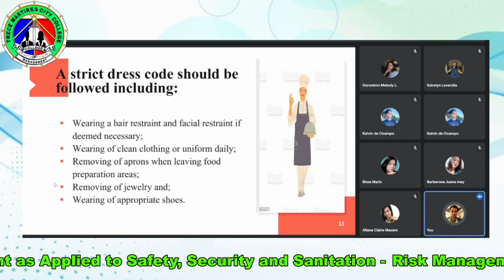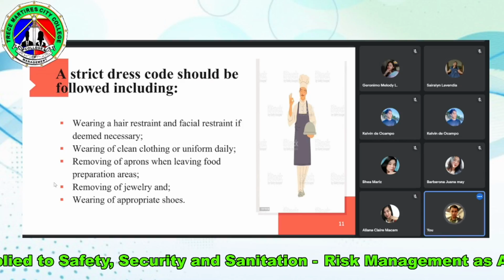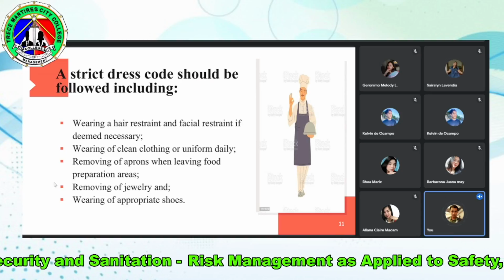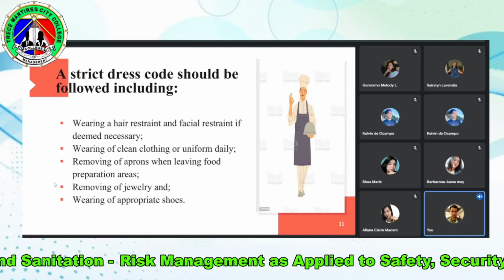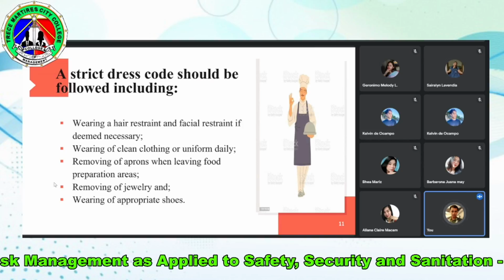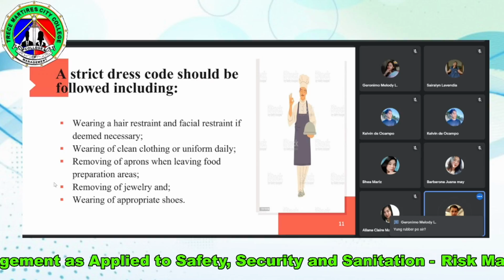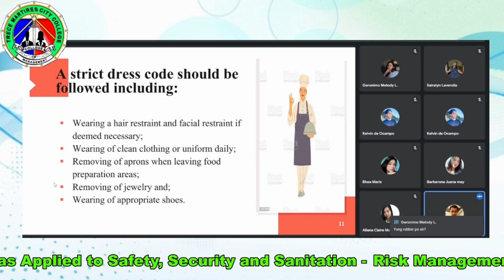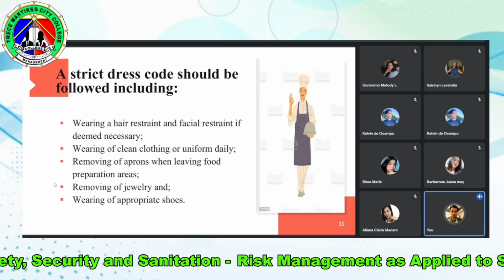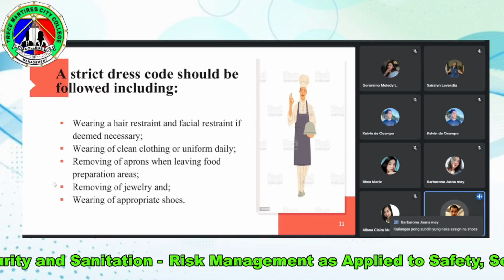Usually ginagamit natin yung may anti-slip, no, hindi yung madaling madudulas, especially sa mga kitchen staff, kasi most of the time medyo greasy yung floor.